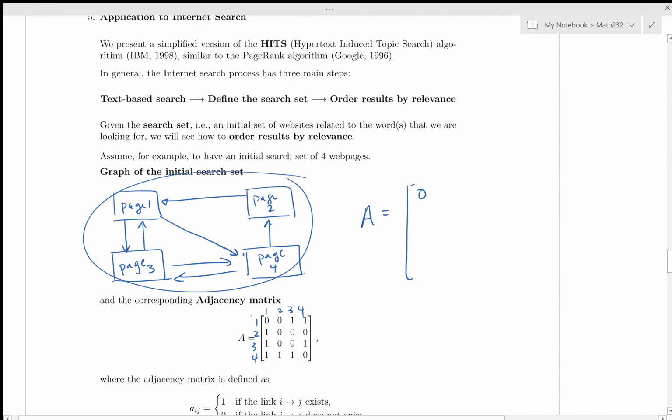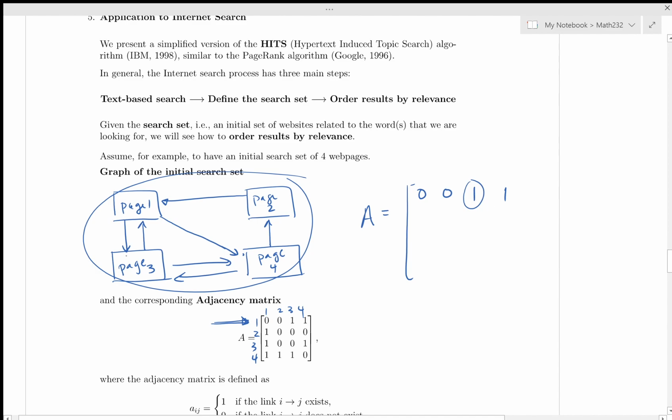Looking across, does page 1 reference page 1? No. Page 2? No. Page 3? Yes. Page 4? Yes. This one right here is the result of page 1 referencing page 3. That is this arrow right here.